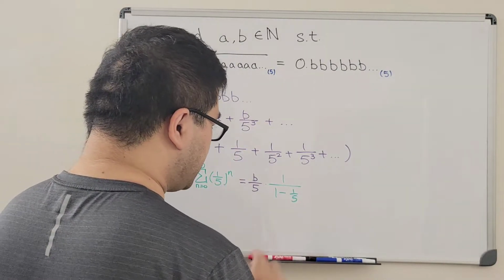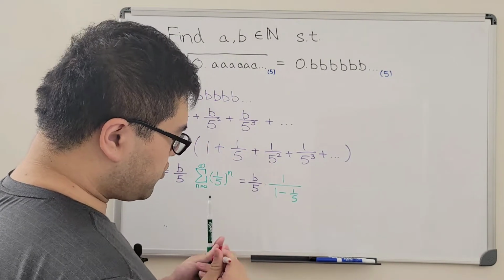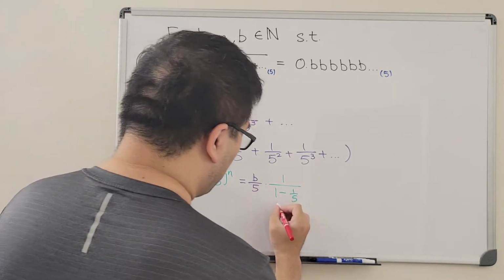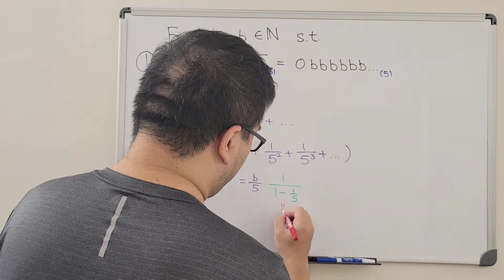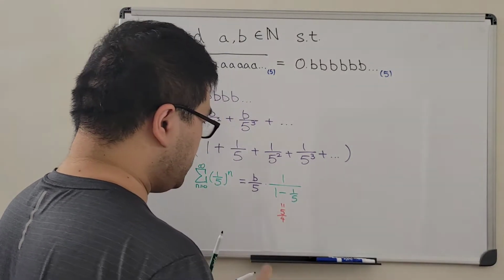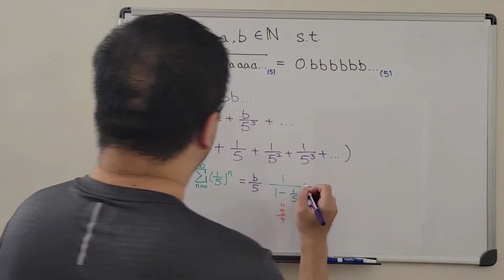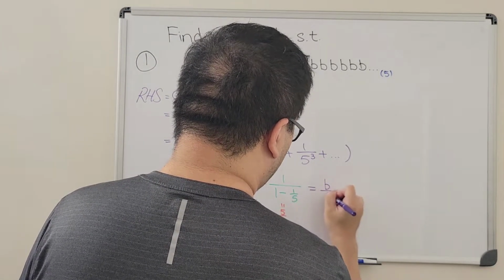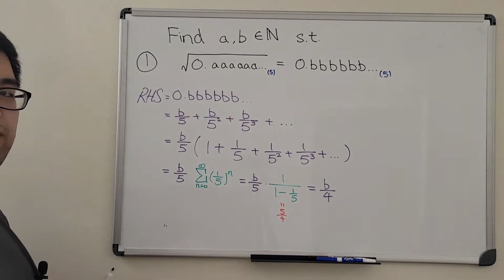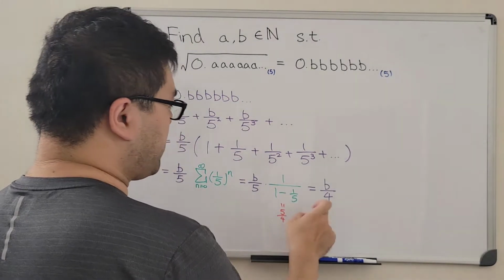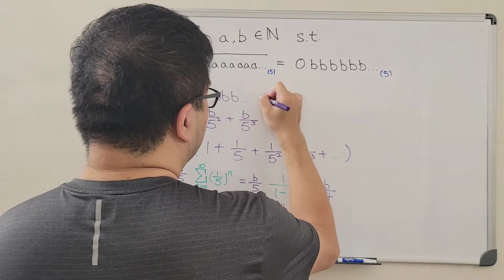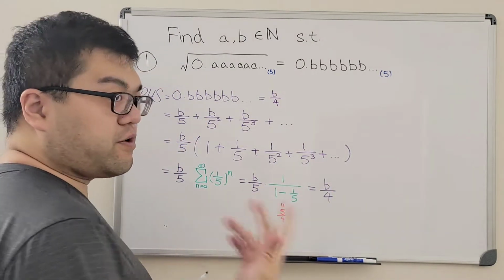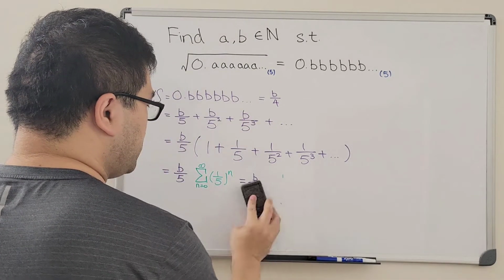If we simplify the green part there, the denominator is 4 over 5, so we flip it, we get 5 over 4. And therefore, here we actually have b over 4. Nice. So let's write down our final result here. B over 4.